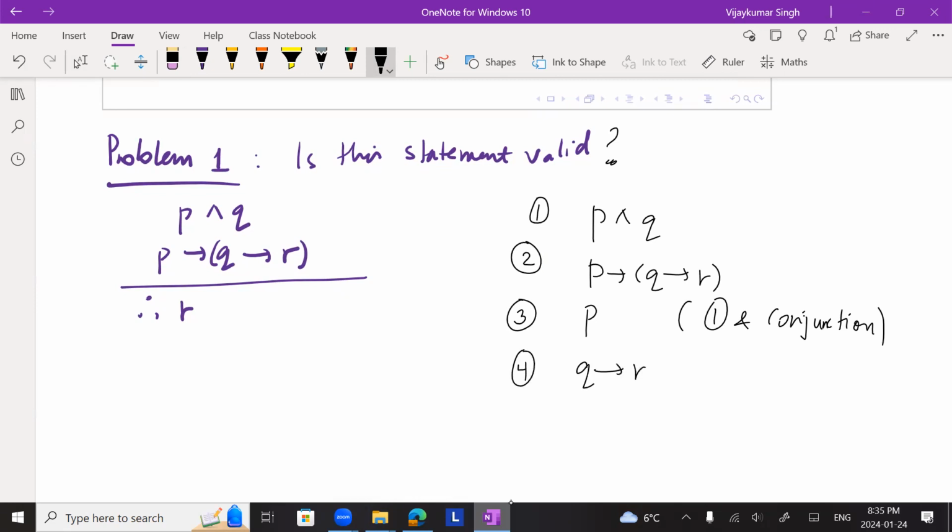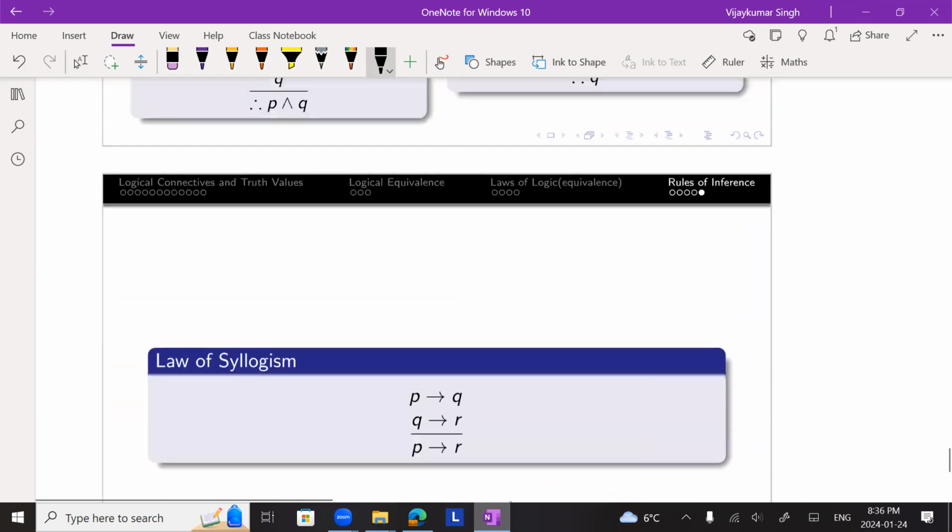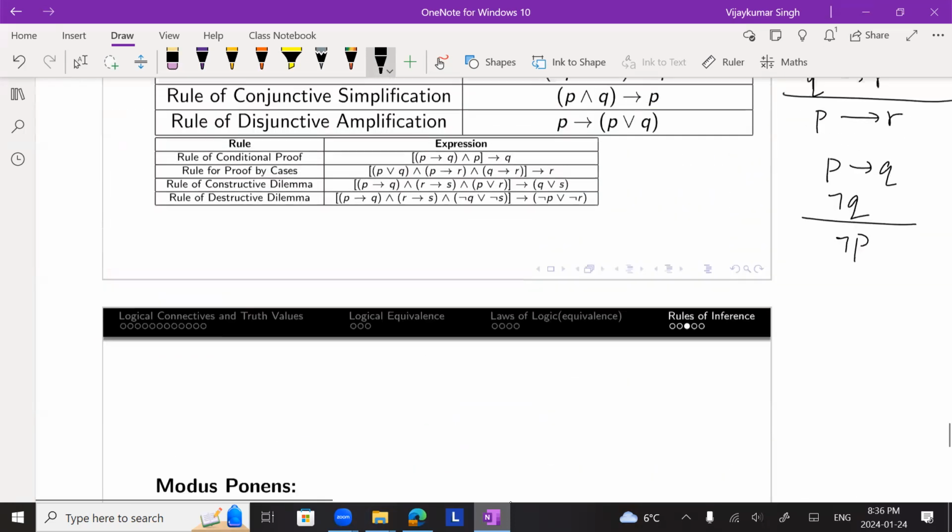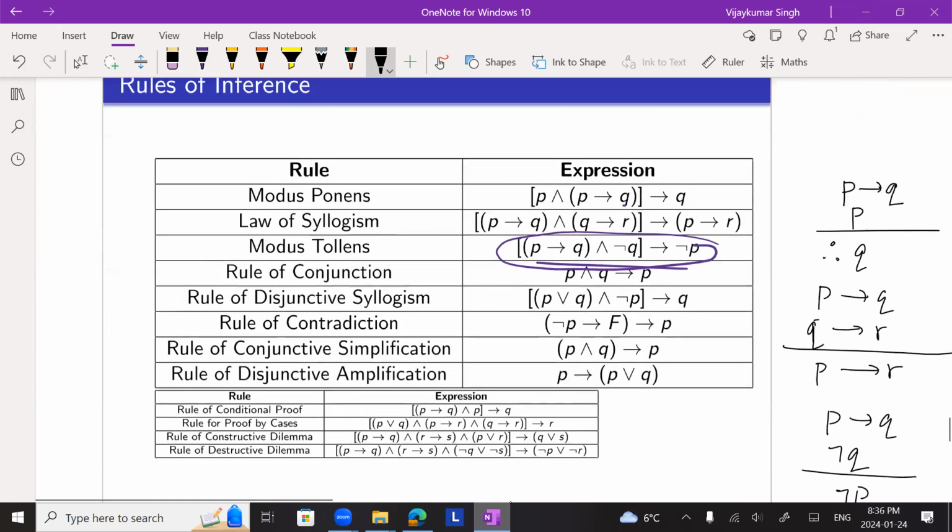Now, if you have P and your P implies something, therefore we get what? Q implies R. What law is that? Let's say box implies triangle, box, therefore triangle. It's one of those laws, right? Let's go back and see what law this is.